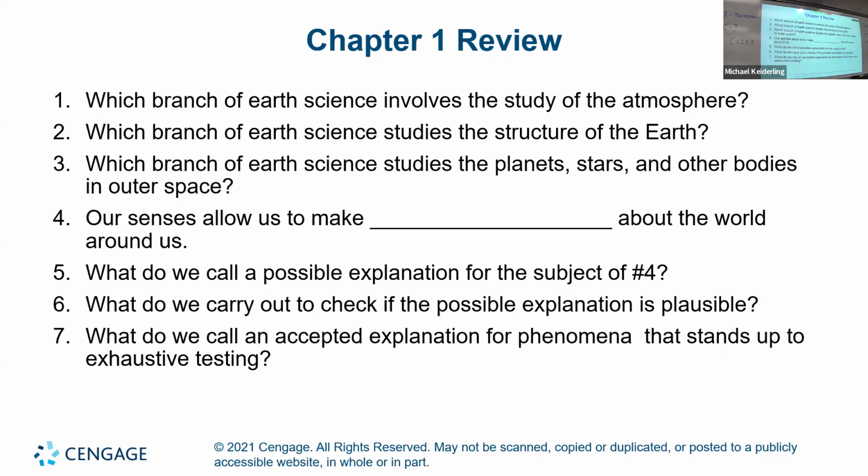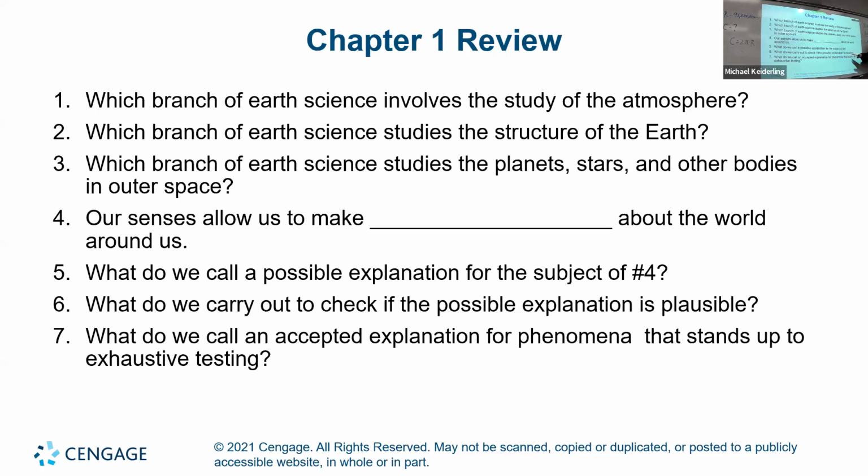Our senses allow us to make what about the world around us? No, observations. A possible explanation for the subject of number 4, that is a hypothesis. So our senses let us make observations, then we think about them and make a hypothesis about it.